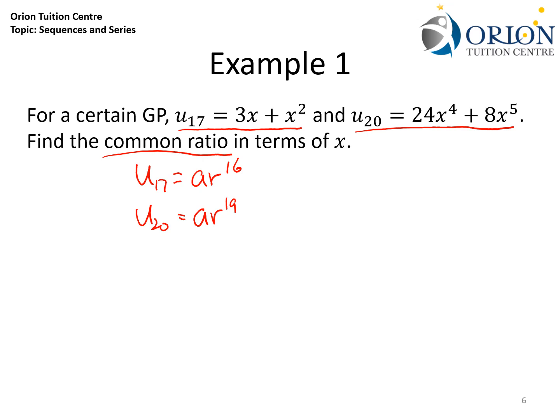At the same time, we know that U17 can be written as 3x plus x squared, and U20 can be written as 24x to the power of 4 plus 8x to the power of 5.